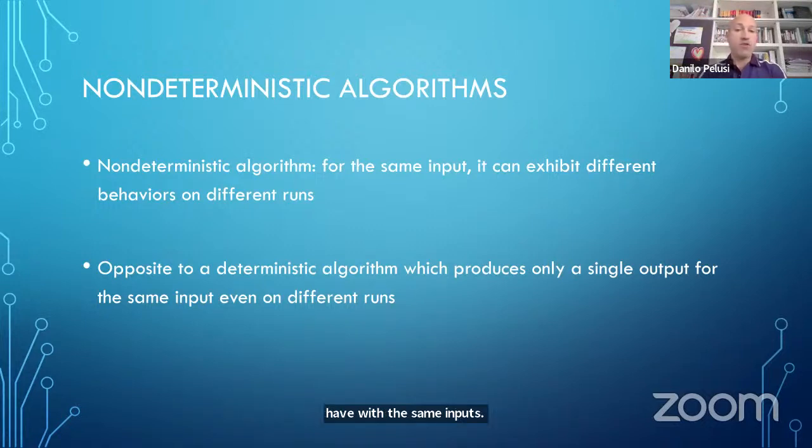This is another approach which we consider, and because we have different outputs with the same inputs, we consider mean and standard deviation of the results.